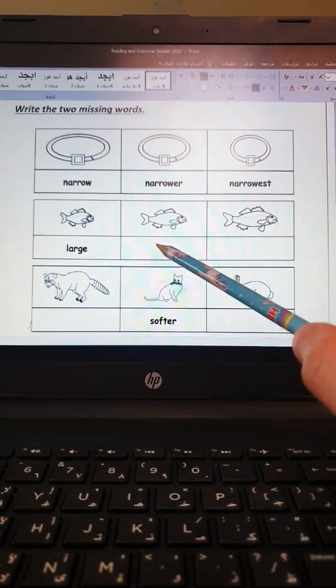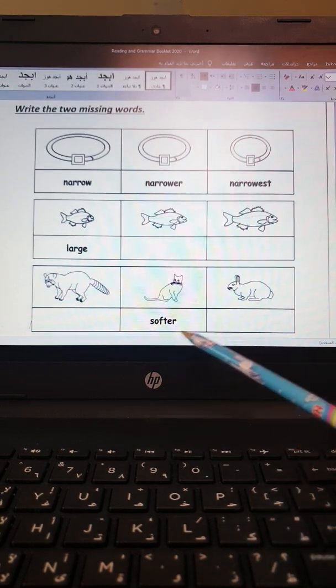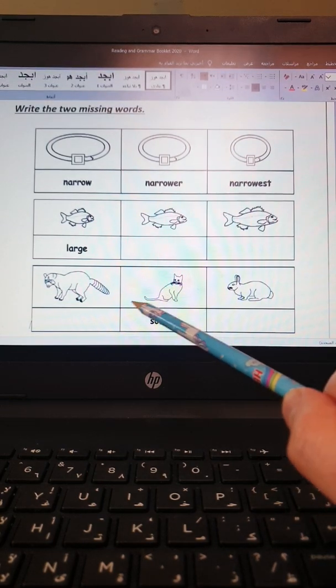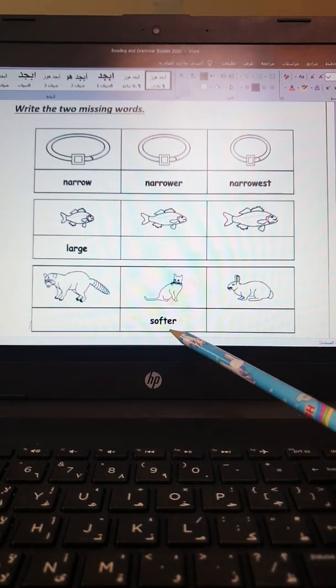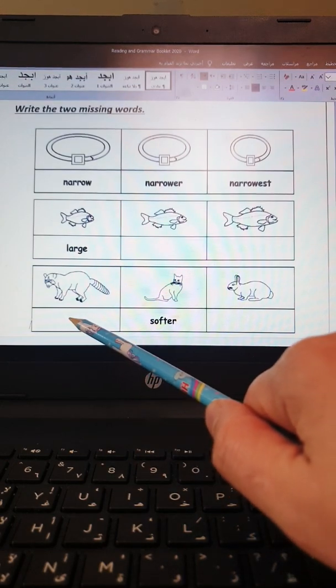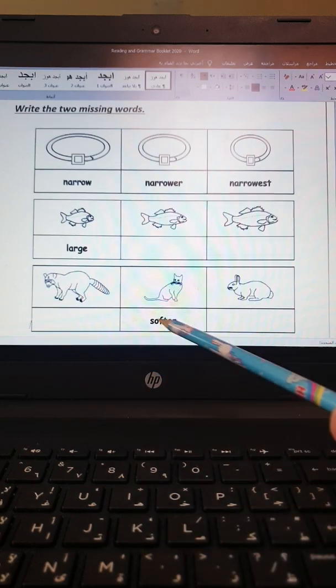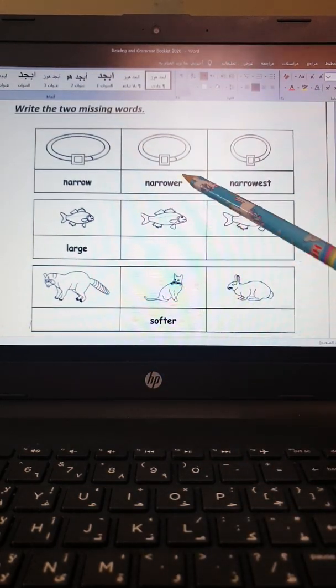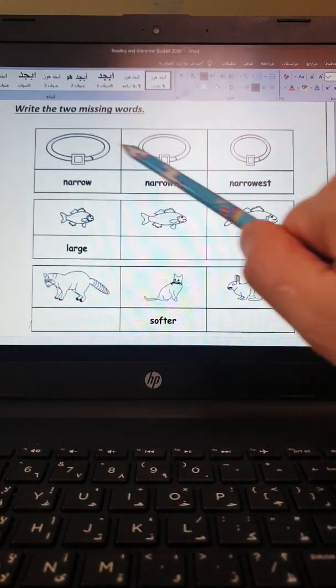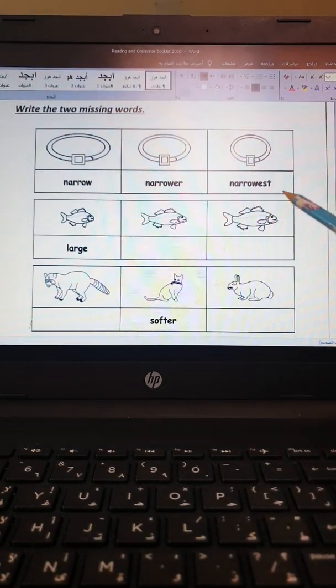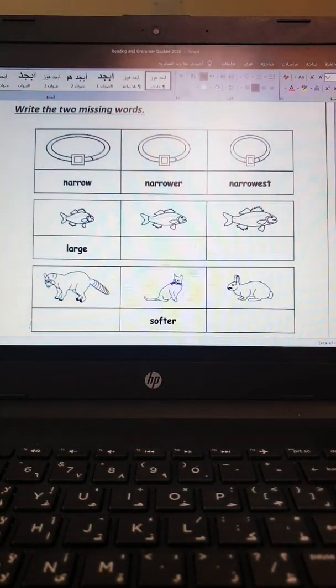Okay, large, larger, largest. Here we have this word softer. So the base word is soft. Softer, softest. Don't forget er to compare between two things, est to compare between three things.